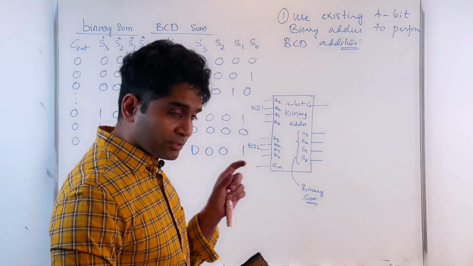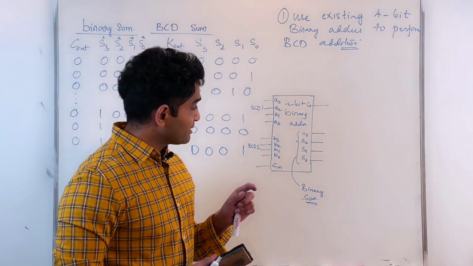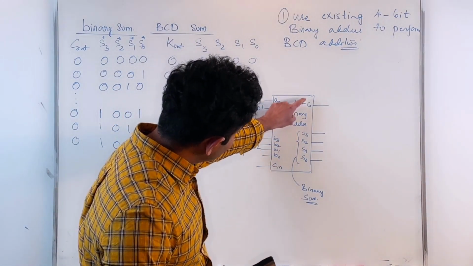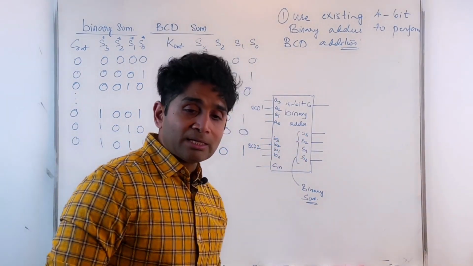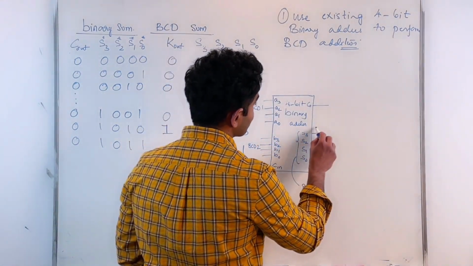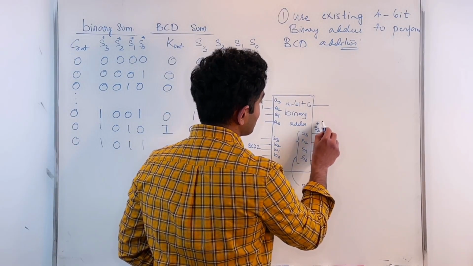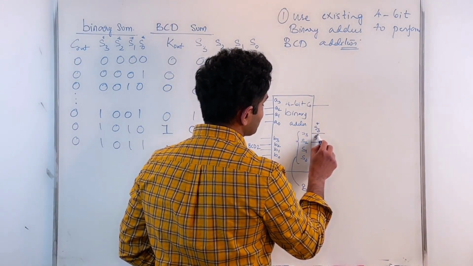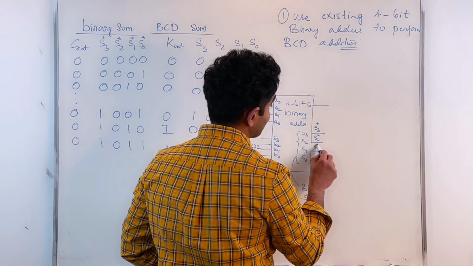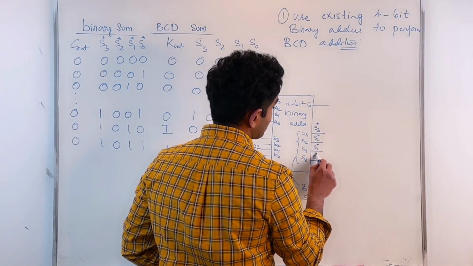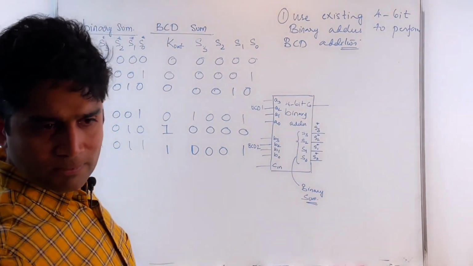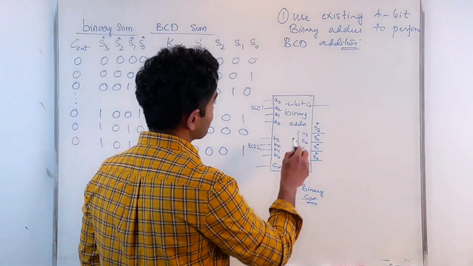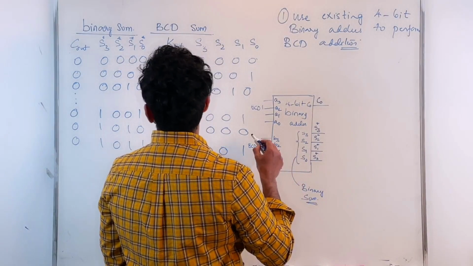I need to design a circuit that takes Cout, S3, S2, S1, S0 as inputs. Let me call these S3 star, S2 star, and so on, just to distinguish between the actual sum that we need and the binary sum from the adder.